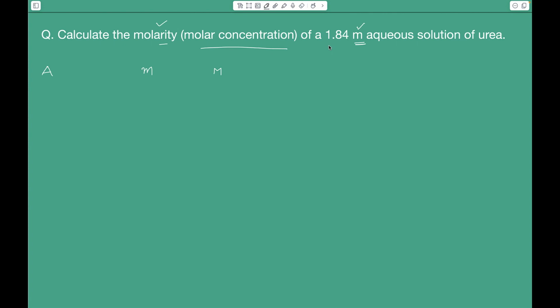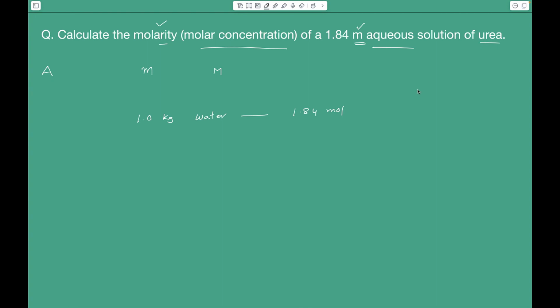The molality of the solution is 1.84. That means if you take 1 kilogram of the solvent, by the way, what is the solvent here? We are talking about an aqueous solution. That means the solvent here is water. So in 1 kilogram of water, there is 1.84 mole of solute.